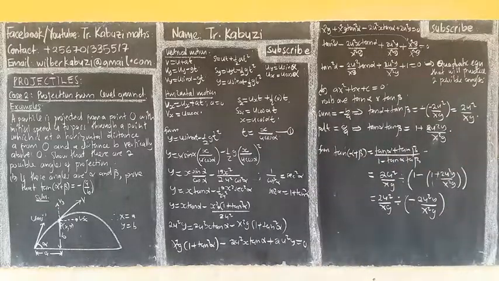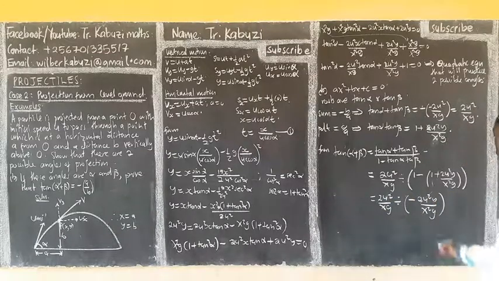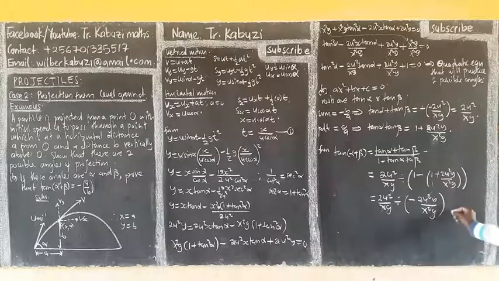Now from there you see this one is going to vanish with that, then this b will also vanish, then 1x is also going to vanish with this. So we shall have 1 divided by negative y over x.